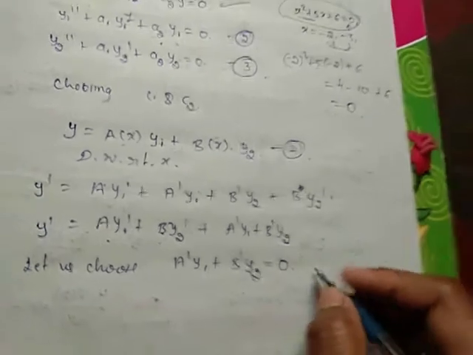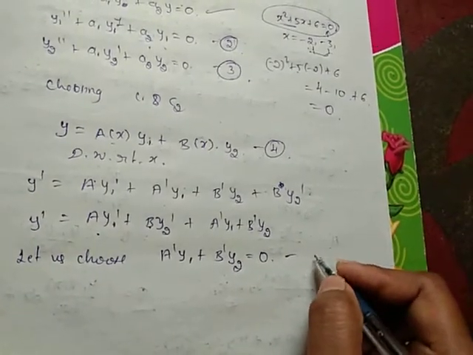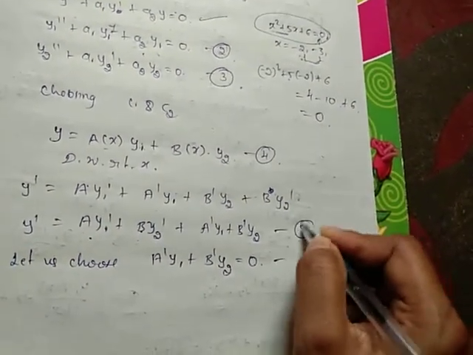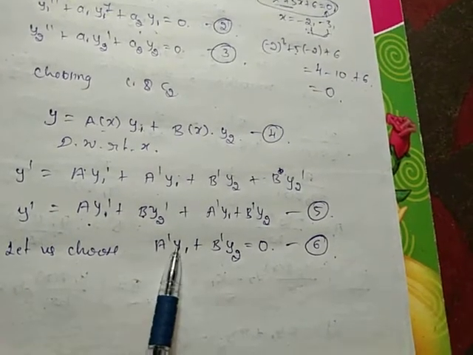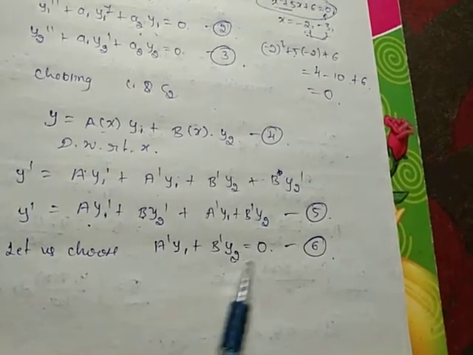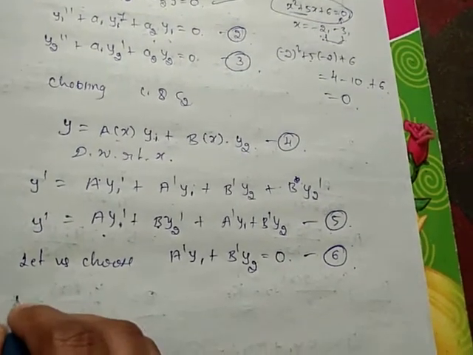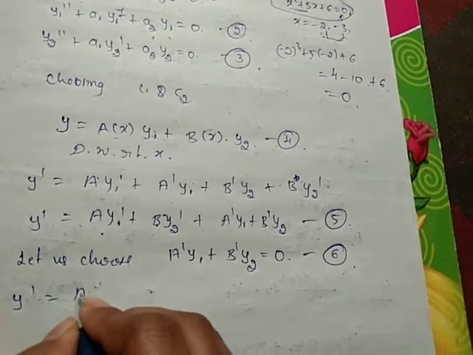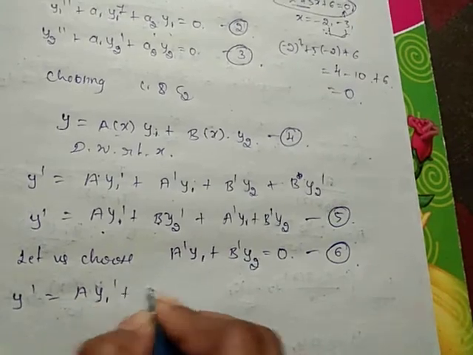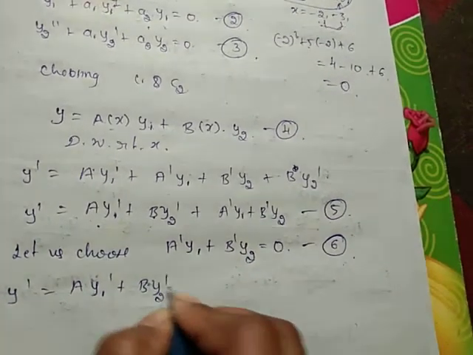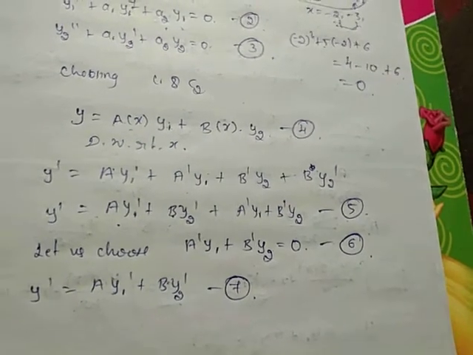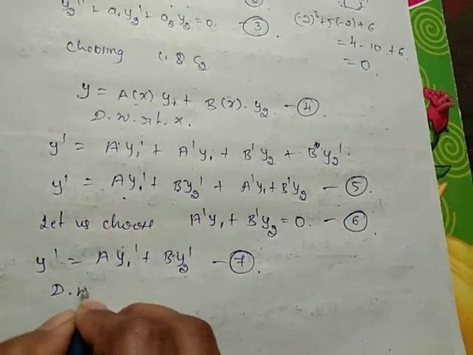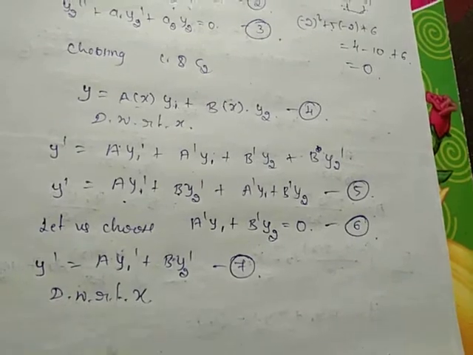Call this one equation 5 and this one equation 6. By choosing a dash y1 plus b dash y2 equal to 0, equation 5 becomes y dash equal to a y1 dash plus b y2 dash. Call this equation 7. Now again differentiate with respect to x.